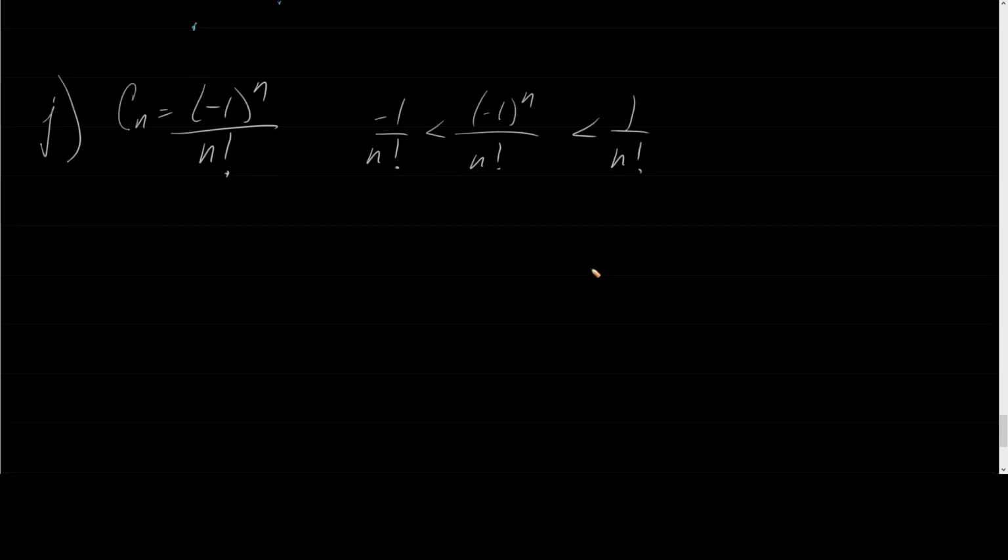Well, let's think about this. N factorial overall, how was that defined? That was n times n minus 1 times n minus 2 all the way down to 3 times 2 times 1, right? So this is a huge number here.